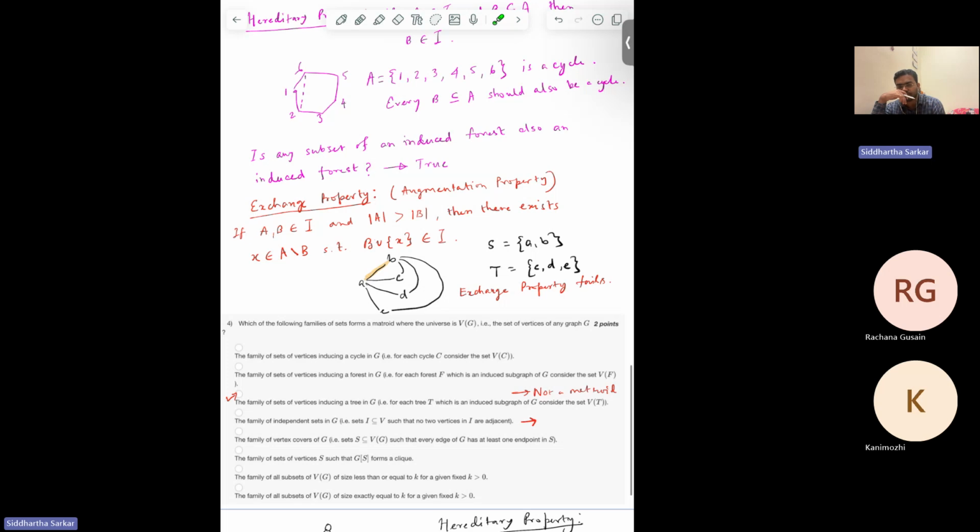Can we show this? Or is it possible that the exchange property may not be satisfied always?